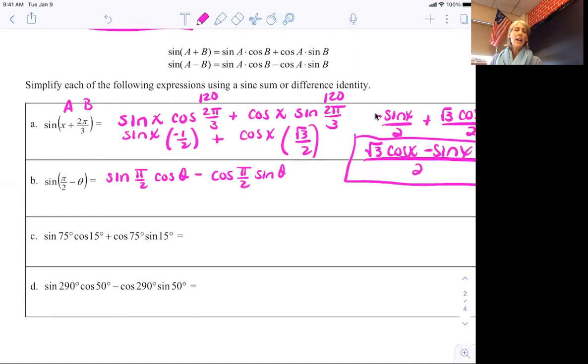This one's going to simplify a lot nicer. The sine of pi over 2 is the sine of 90, 1 times the cosine of theta. Cosine of pi over 2, 0 times sine of theta. So this expression is really equal to, this is just going to become 0, cosine of theta.